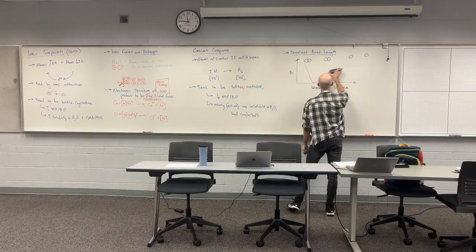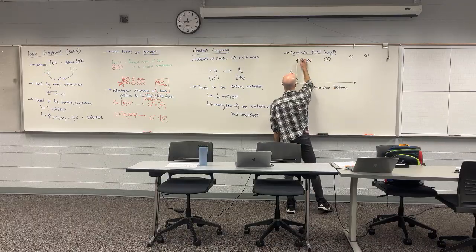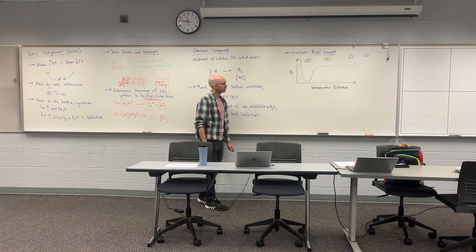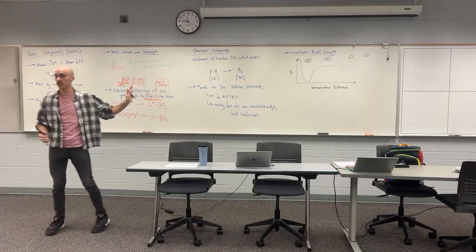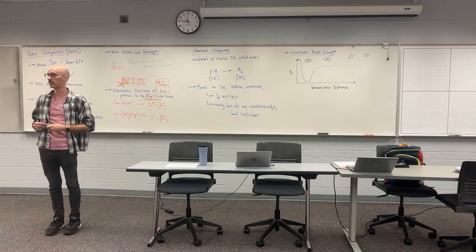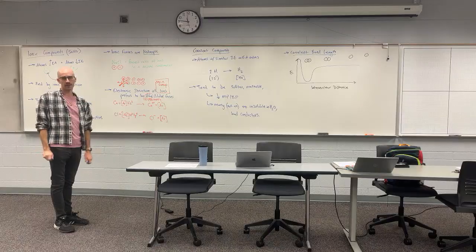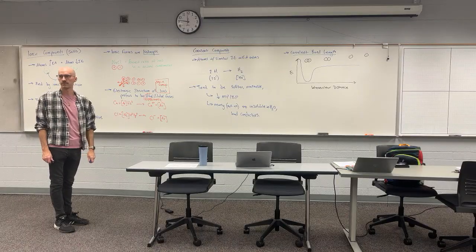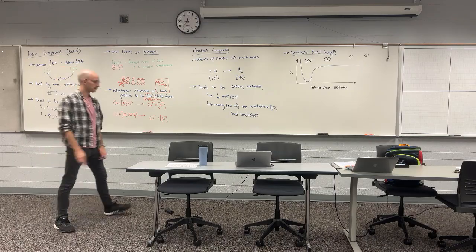And I'm not very happy with that shape, so I'm going to try and redraw it. Looks something like the one that we had on the board earlier, correct? It's got this dip. Why do atoms bond? It stabilizes them. There is an intrinsic stability between being bonded versus not being bonded.